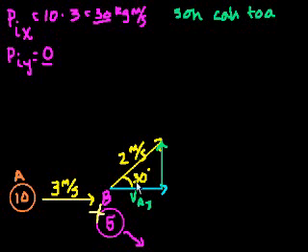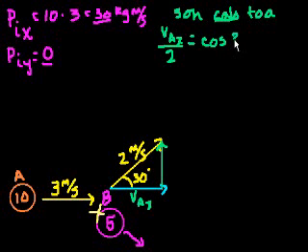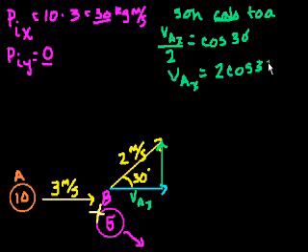We know the hypotenuse, so we know VA sub x, the velocity of A in the x direction, over the hypotenuse, over 2 meters per second, is equal to what? Adjacent over hypotenuse, cosine, is equal to cosine of 30 degrees. Or the velocity of A in the x direction is equal to 2 cosine of 30 degrees.